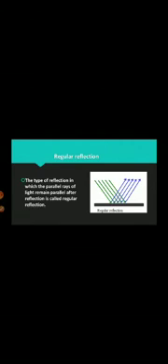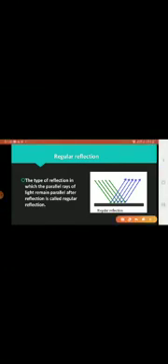Now, what is regular reflection? The type of reflection in which the parallel rays of light remain parallel after reflection is called regular reflection. Students, you can see here, these are the incident rays which are parallel to each other.